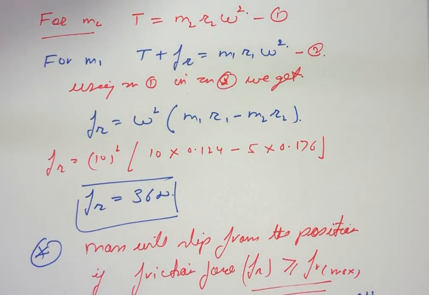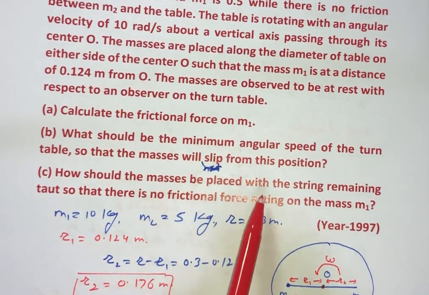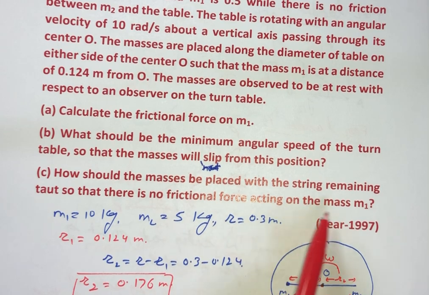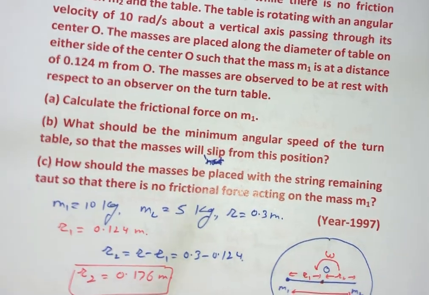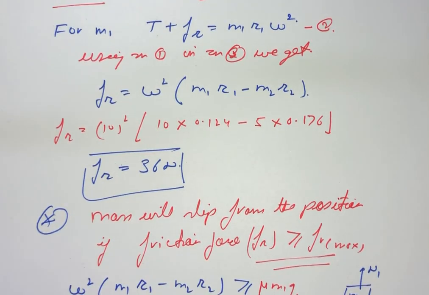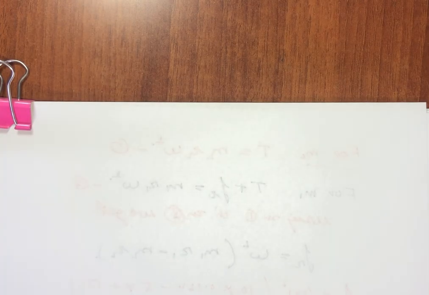And in the third part, we are supposed to find out how the masses should be placed, with the string remaining taut, so that there is no frictional force acting on mass m1. So in this case, you can say that the frictional force Fr should be equal to 0. Okay.